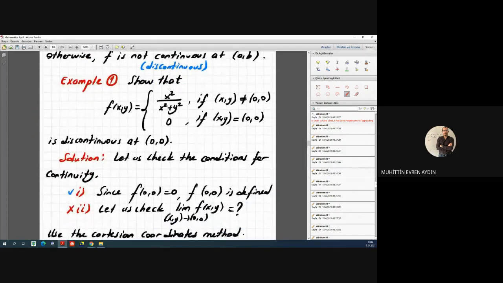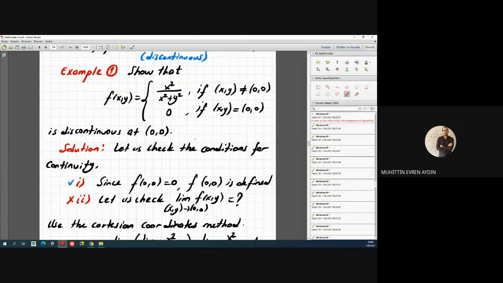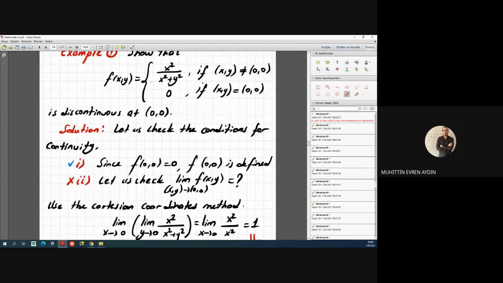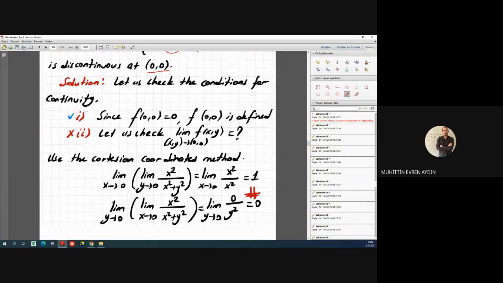An example: show that this function is discontinuous at the origin. The function is defined, as you see. So the point is whether the function f has a limit at the origin or not. Yes, the first item holds. Good.